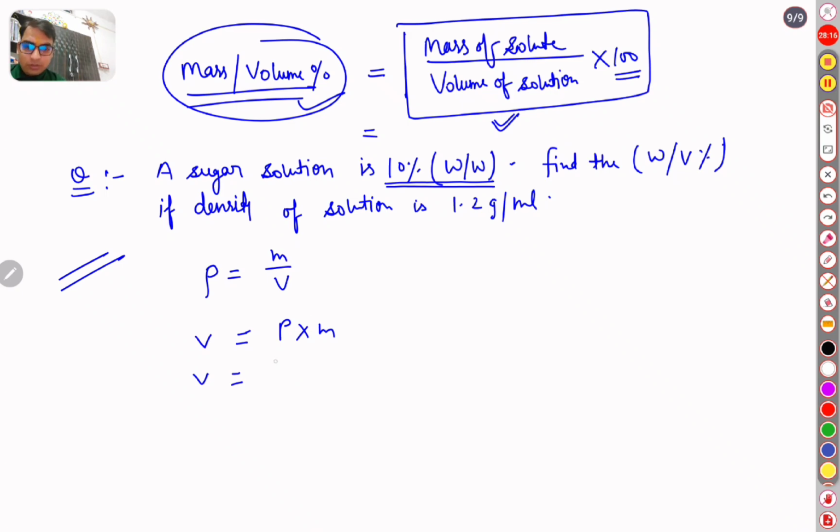Density is given 1.2, and mass is 100 gram.